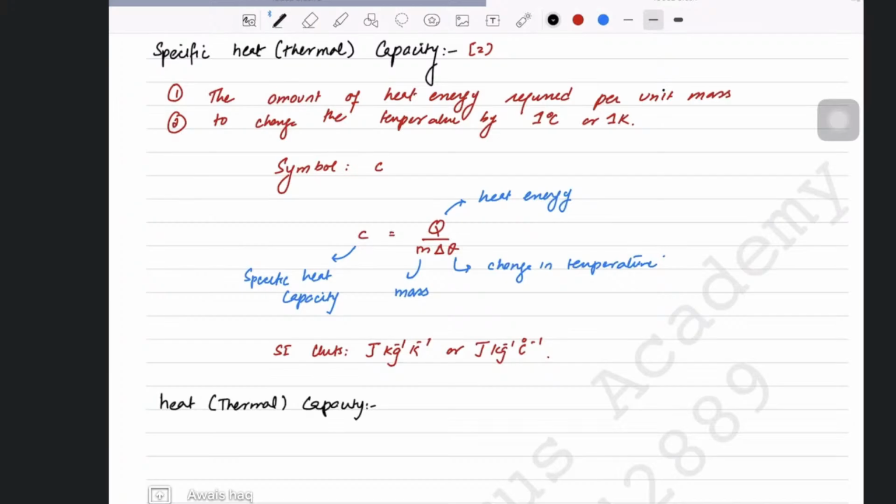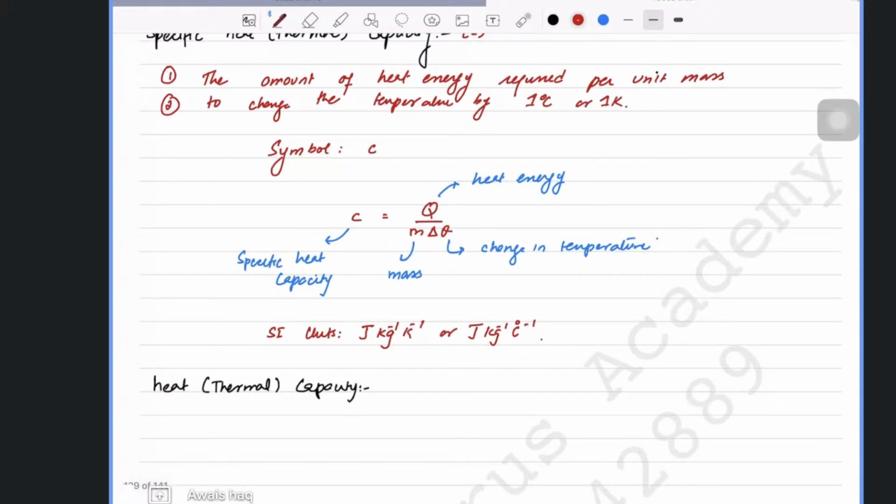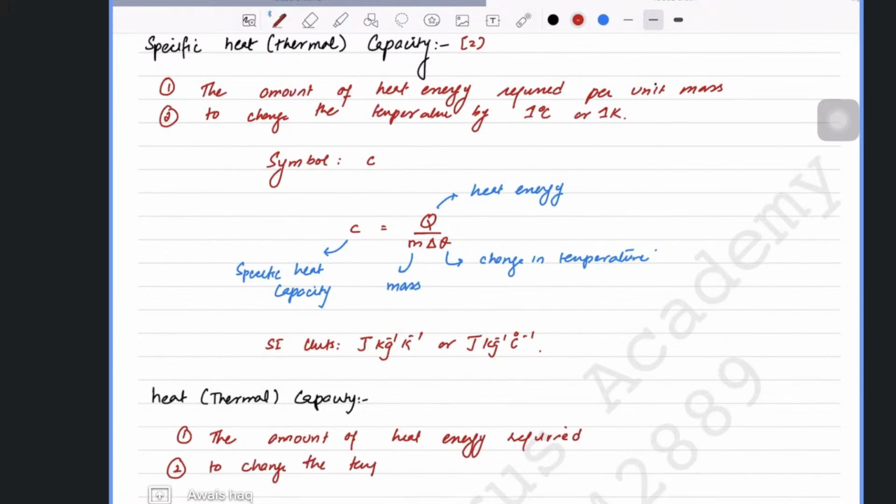Okay, sir. Then heat and thermal capacity. Basically, the difference between simple heat capacity and specific heat capacity is just the mass. In this one, we would write it is the amount of heat energy required, and now we're not going to include the mass, to change the temperature by 1 Kelvin or 1 degree Celsius.